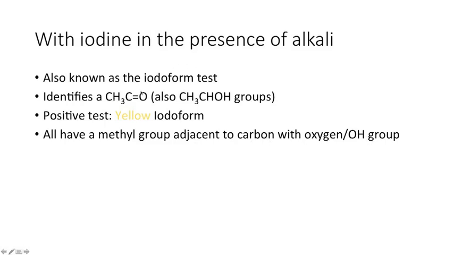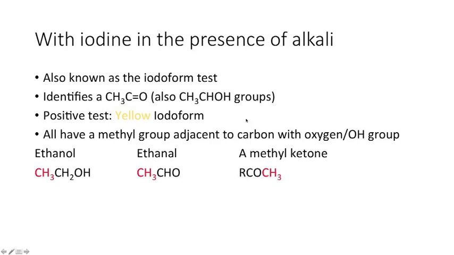So we have our methyl group adjacent to carbon and an oxygen, and our methyl group adjacent to our OH group. Examples of these would be ethanol, with the methyl group and our OH, ethanal, so we've got an alcohol, an aldehyde, then also a methyl ketone.